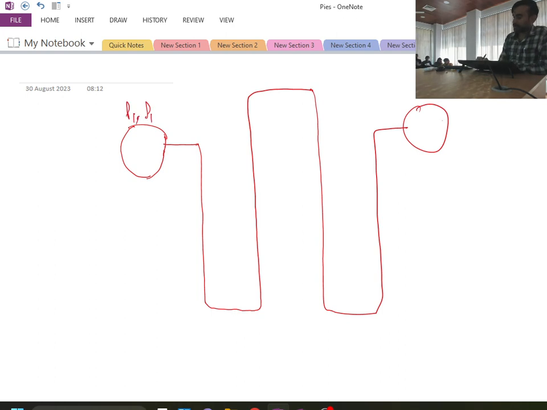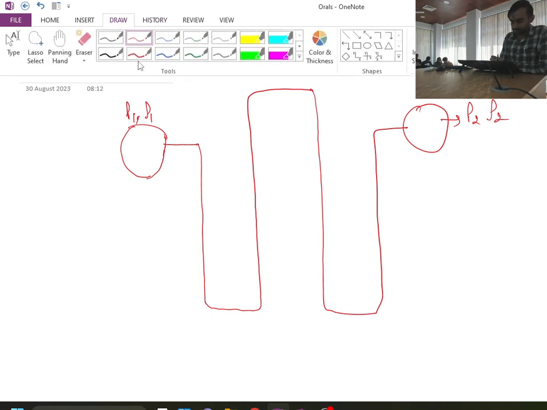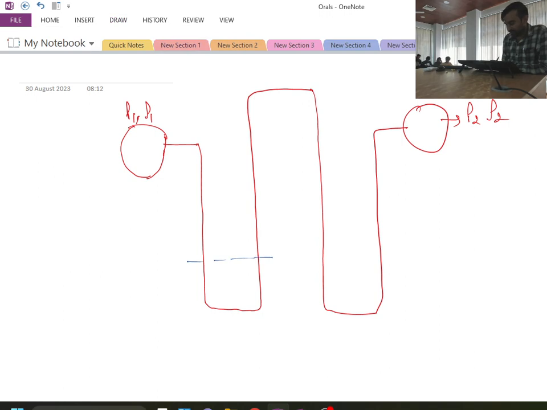P1 rho 1, P2 rho 2. One level I have at these two points A and B, and the height is up to h distance. So up to this distance I will have manometric fluid.